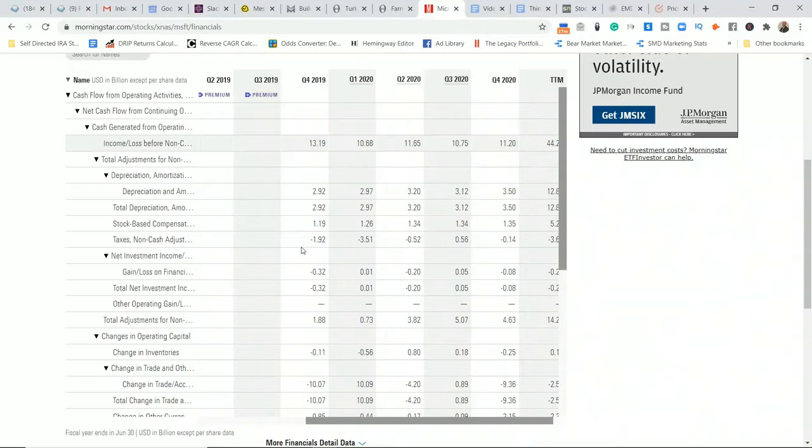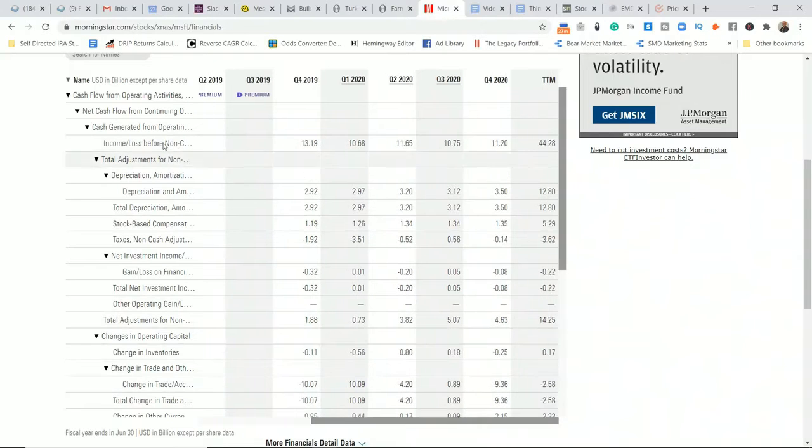Again, as I've explained in these other videos, Morningstar recently updated their database, or probably a year ago now, at least, and they don't always word things as well as they should. This is the net income. I don't know why they just don't put net income or net profit or net earnings here. This is net income. This is where that starts. So in the trailing 12-month period, Microsoft has earned $44.2 or $44.3 billion rounded up in net profit.